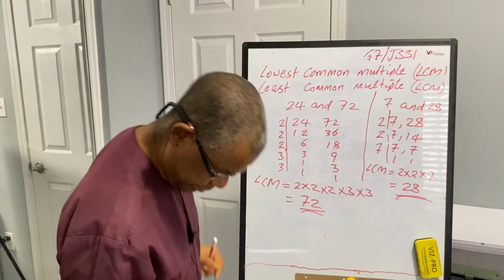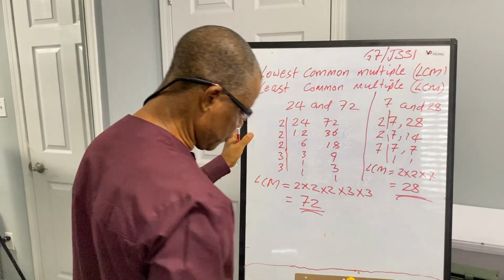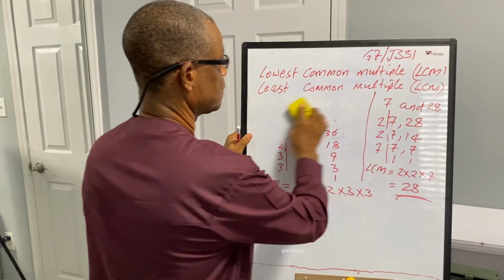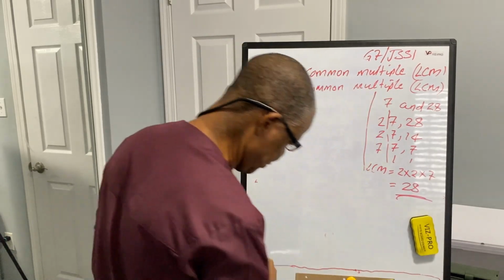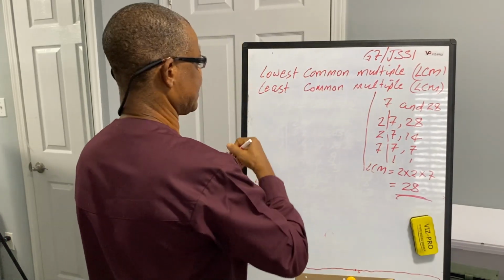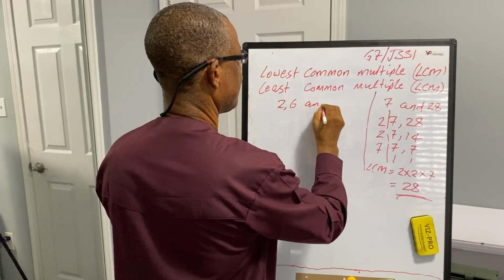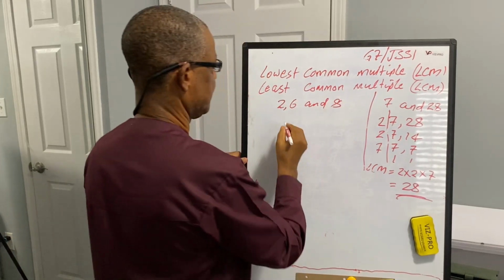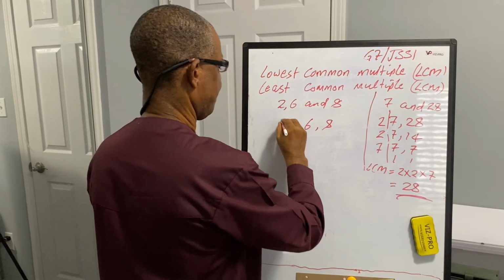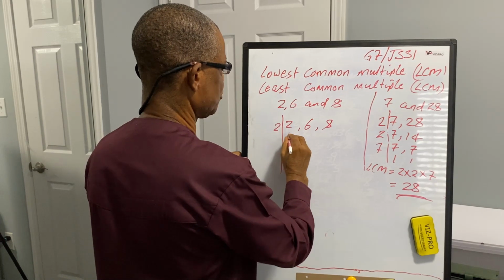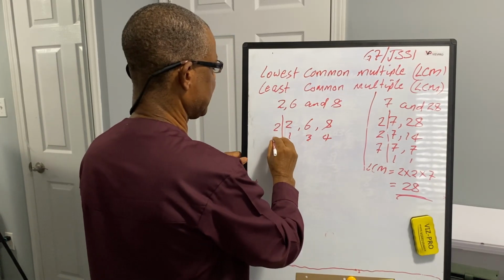Let's be asked to find the LCM of 2, 6, and 8. 2, 6, 8. 2 can go. This will be 1, this will be 3, and this will be 4. 2 can still go again.